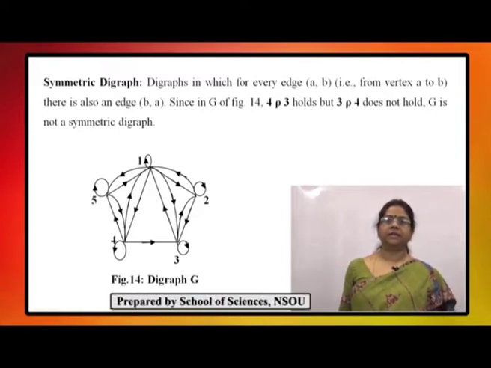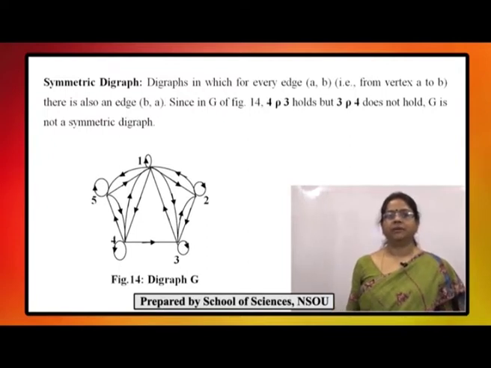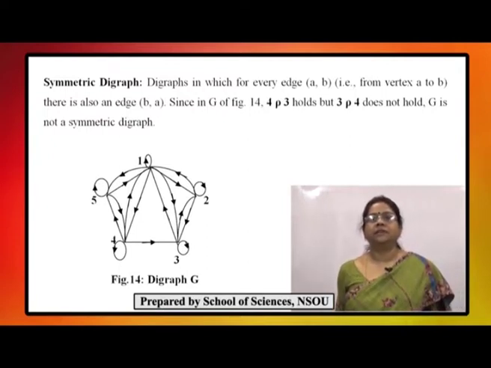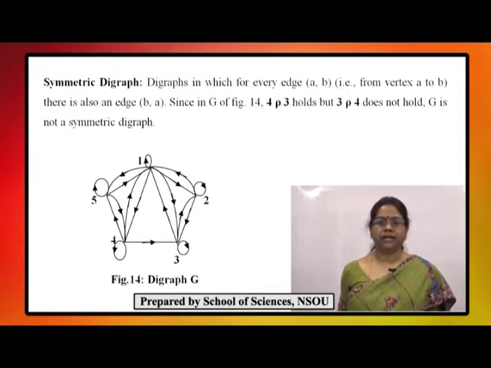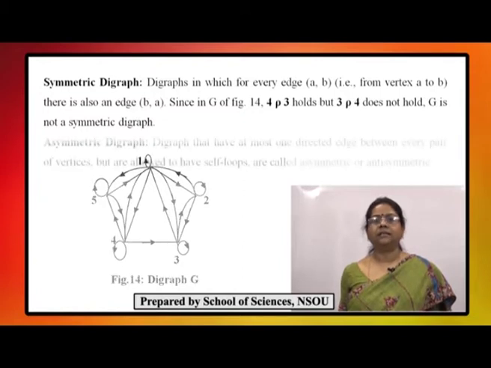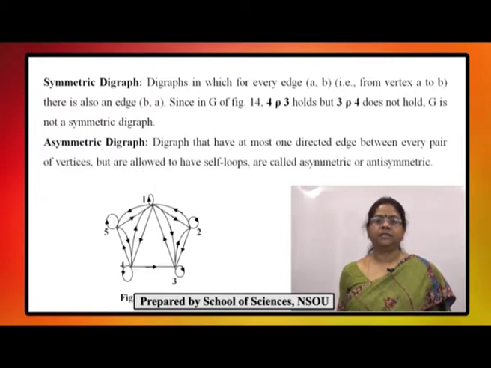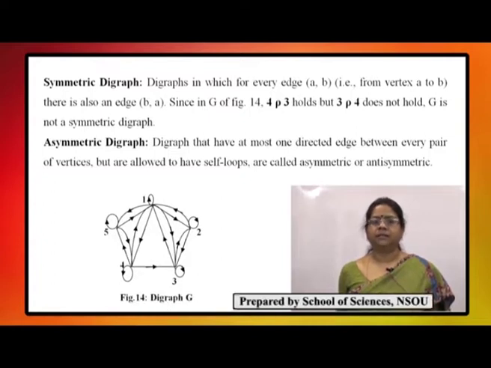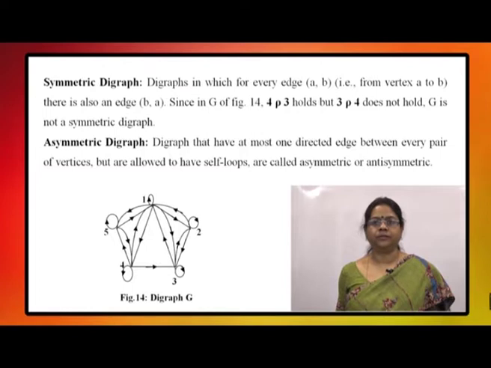And an asymmetric, or antisymmetric, relation means if a rho b and b rho a both hold, then a must be equal to b. So simultaneously a rho b and b rho a cannot hold. Similarly, digraphs representing such relations can have at most one directed edge between any pair of vertices, but these are allowed to have self-loops.